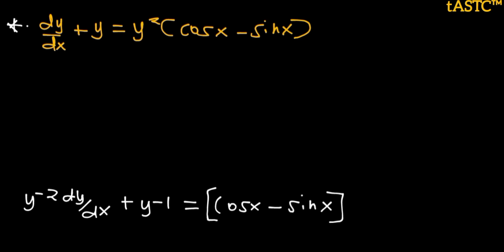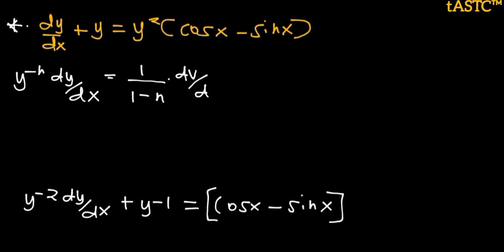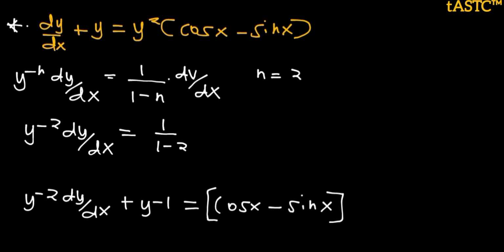Now we know that the Bernoulli's equation y to the negative n dy dx must be equal to 1 divided by 1 minus n dv dx, remember? So here we have y to the negative 2 dy dx. And you can well see that n therefore is equal to 2. And so we should have 1 divided by 1 minus 2 dv dx. Now 1 minus 2 is going to give us a negative 1.